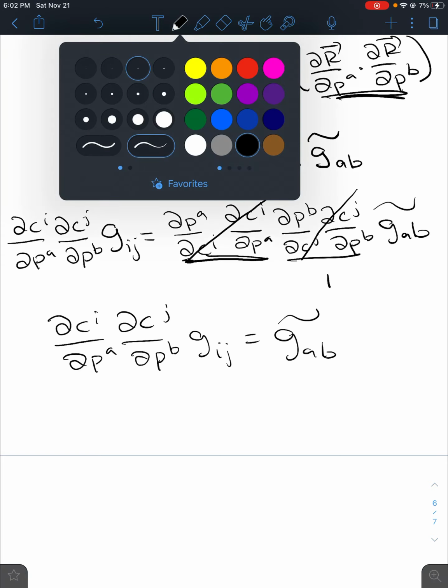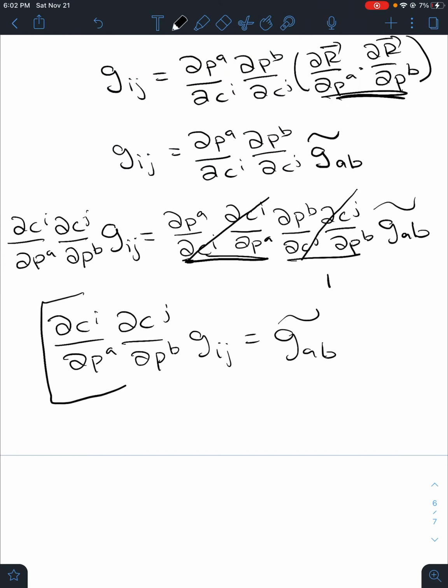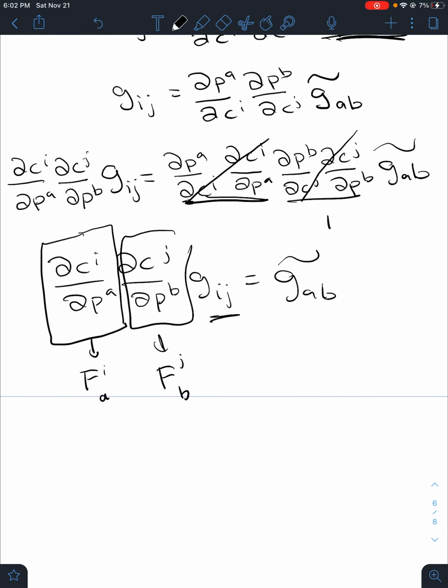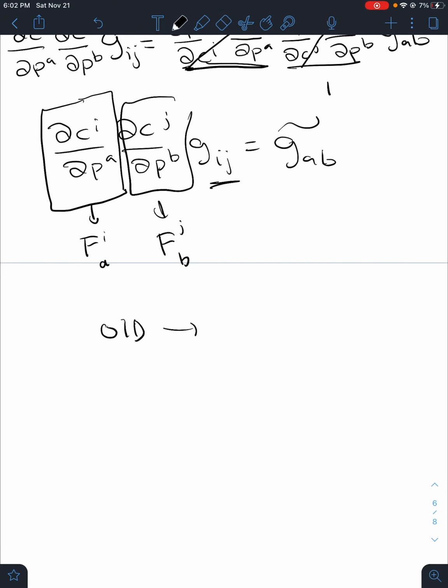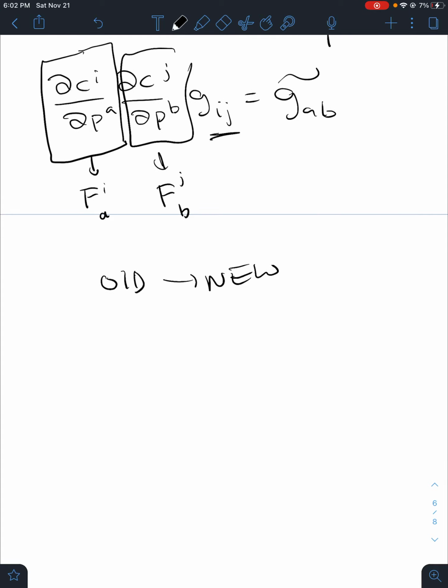Okay, so we can immediately identify that this is just the forward transformation of the components, F^i_a and then F^j_b, acting on g_ij. Which means that to get from the old basis to the new basis with the metric tensor, we need to use two forward transformations, which means that the metric tensor is called a twice covariant tensor.